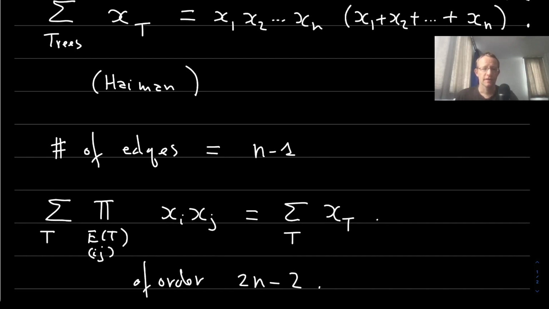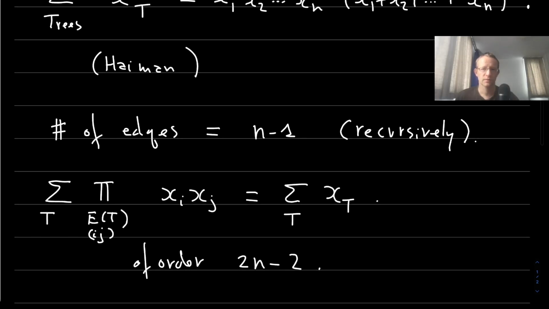Now, the fact that the number of edges in a spanning tree is n minus 1 can be proven fairly easily recursively. So this we will not do.